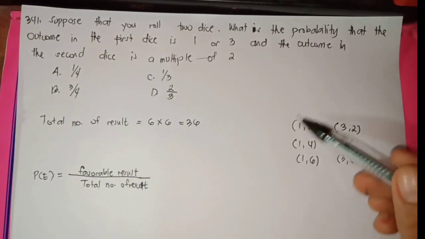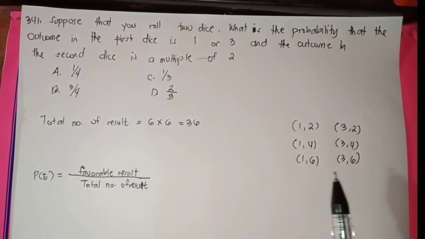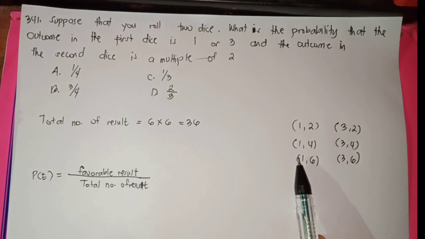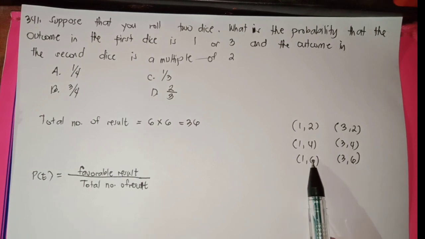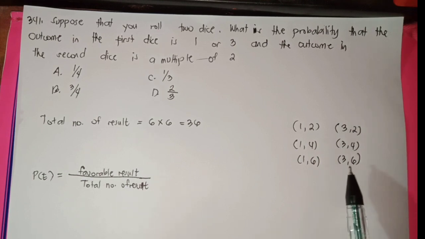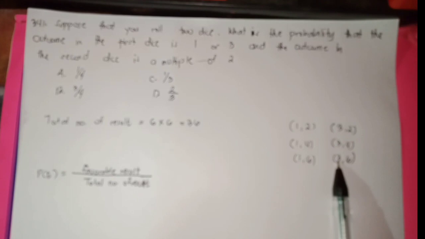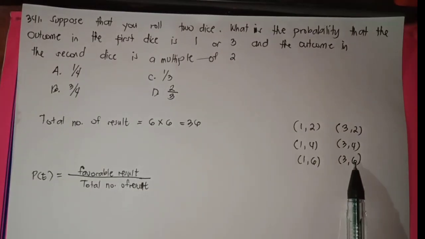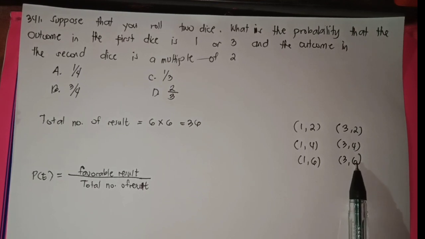The first 3 pairs are the favorable possible results with 1 as the result of the first roll, and the second die with a result that is a multiple of 2. And on the second 3 pairs, we have 3 as the first result of the first die, and a multiple of 2 as the second result.